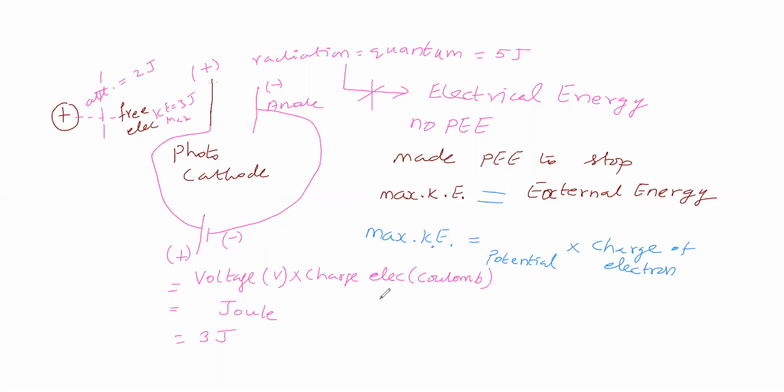That means this is the minimum potential required to stop the photoelectric effect. Therefore, what is this potential called? It has some potential, and this voltage into charge equals 3 joule, and the maximum kinetic energy of the free electron is also 3 joule.